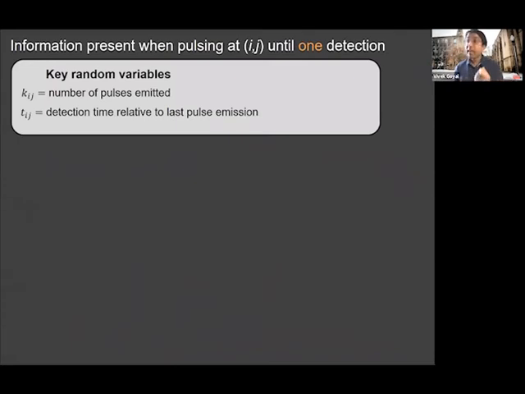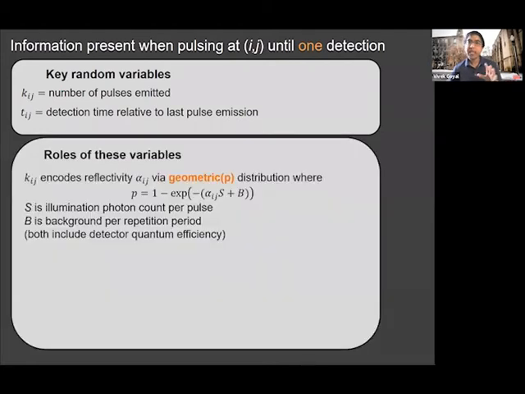From the time of that one detection, by dividing by the repetition period and looking at the remainder, we have a discrete random variable kij of the number of pulses until that one detection, and a continuous random variable tij of the detection time relative to that last pulse emission. Kij has a geometric distribution that encodes the reflectivity alpha ij in the sense that it has a parameter that's in a one-to-one correspondence with alpha ij, assuming that you know the signal strength S and the background strength B.